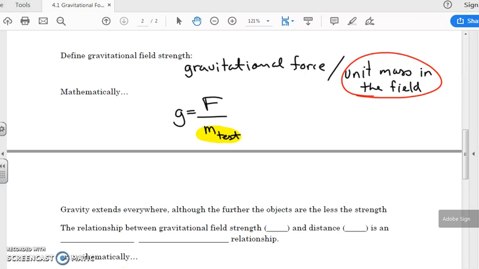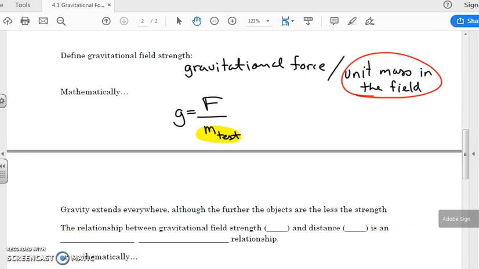But one of the things, if we think about gravity, is that it does in fact act at a distance everywhere, but the further away we get, the less strong it is. Although the further the objects are, the less the strength.